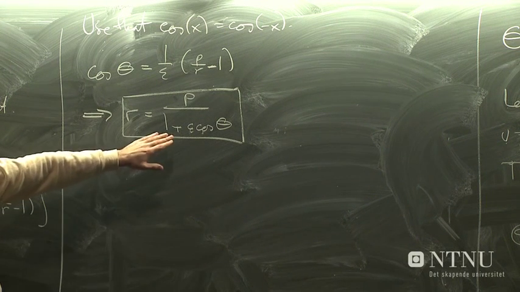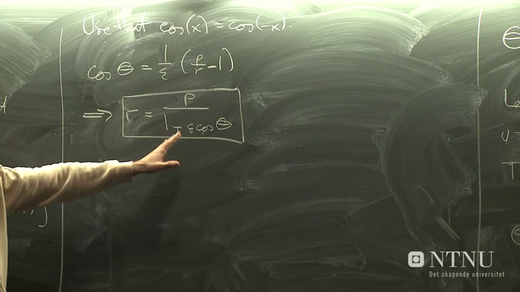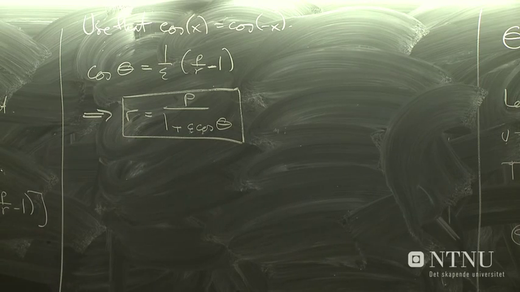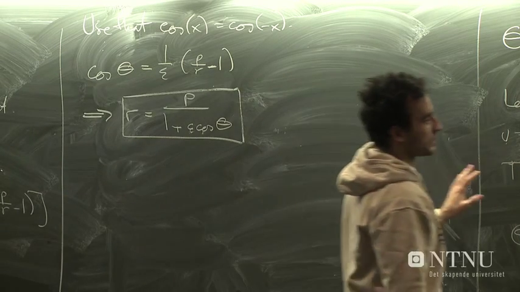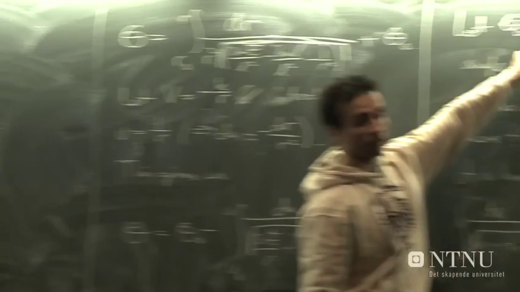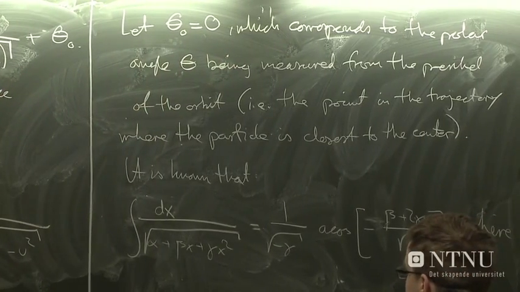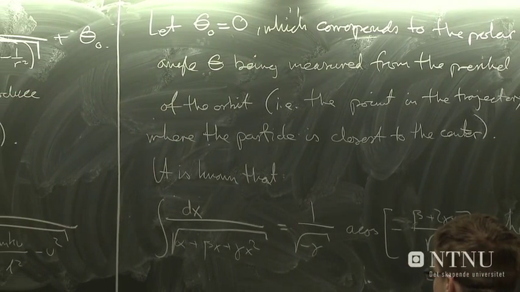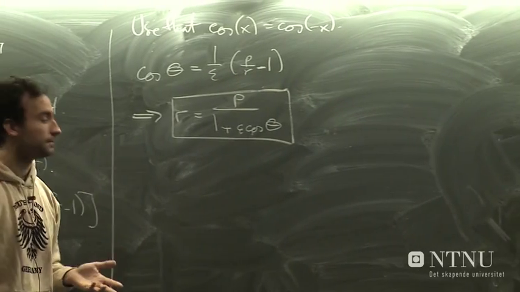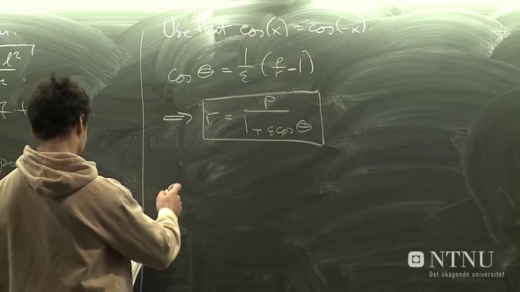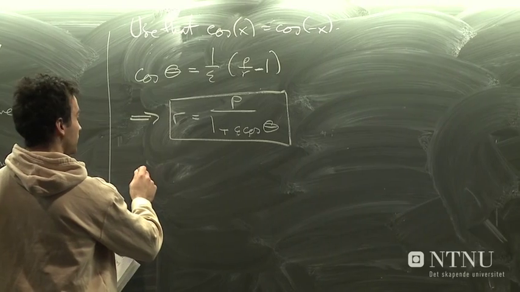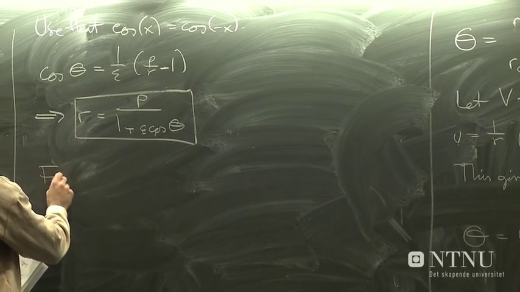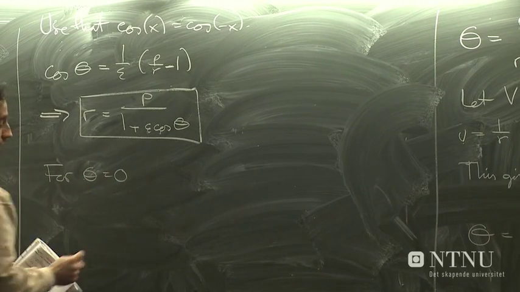We'll say a few more words about what kind of orbits we have in just a moment, but let me now revert to my statement that if we choose the integration constant equal to 0, it corresponds to the polar angle being measured from the perihelion. So let's see if that's the case.